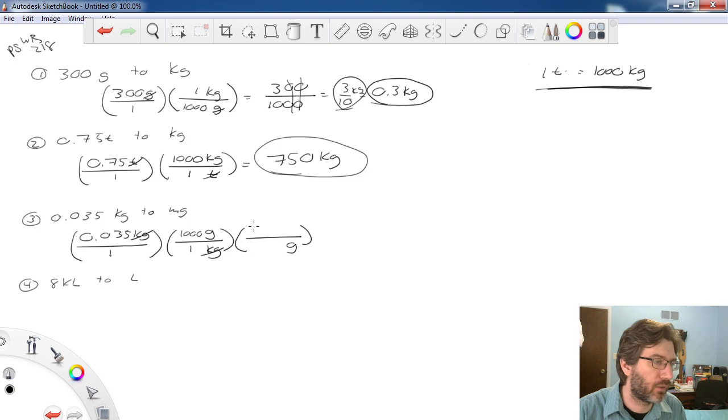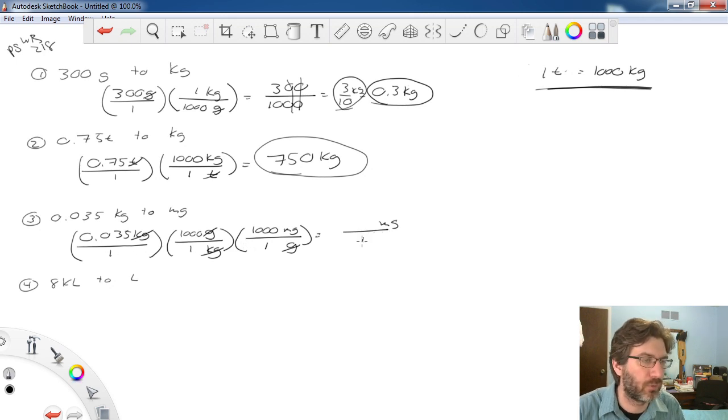And we know that there are 1,000 milligrams in 1 gram, and again, looking at the top of the table is where you're getting this. Now grams will cancel, leaving you with a unit of milligrams on top, and there are no units on the bottom. In fact, 1 times 1 times 1 leaves you with 1 on the bottom, so you don't even have a denominator. And then you just multiply it out.